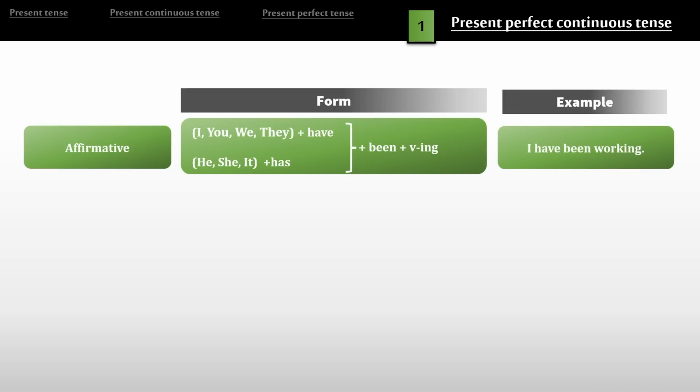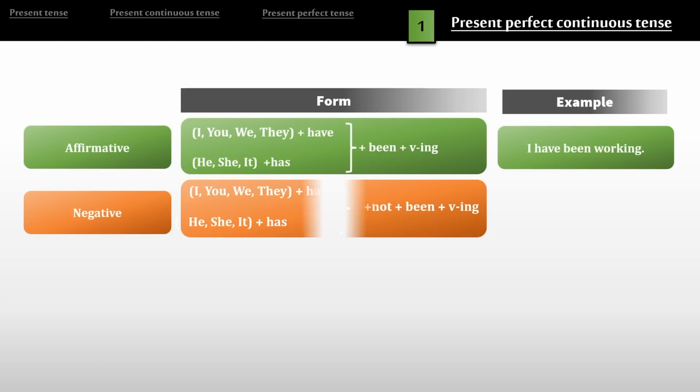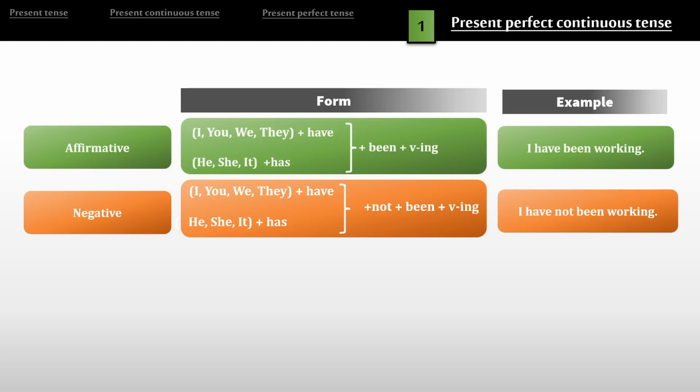Example: I have been working. Negative. I, you, we, or they plus have plus not plus been plus verb ing, and he, she, or it plus has plus not plus been plus verb ing. Example: I have not been working.